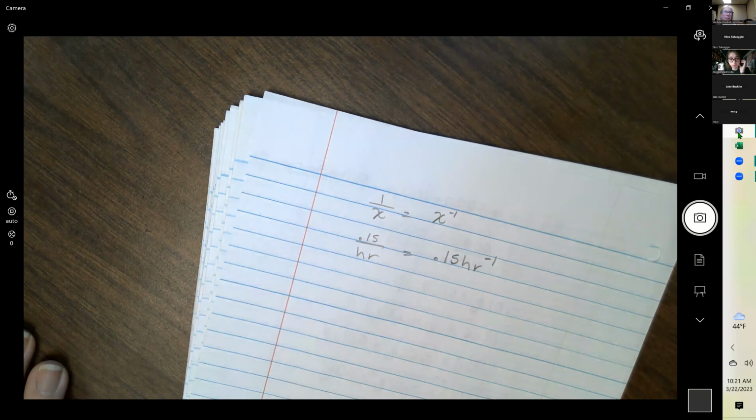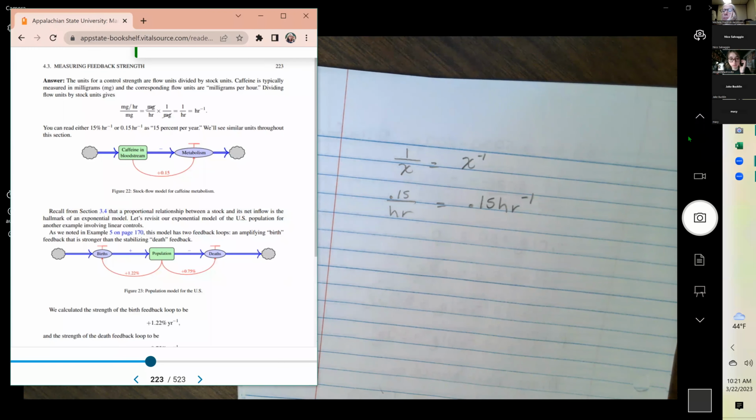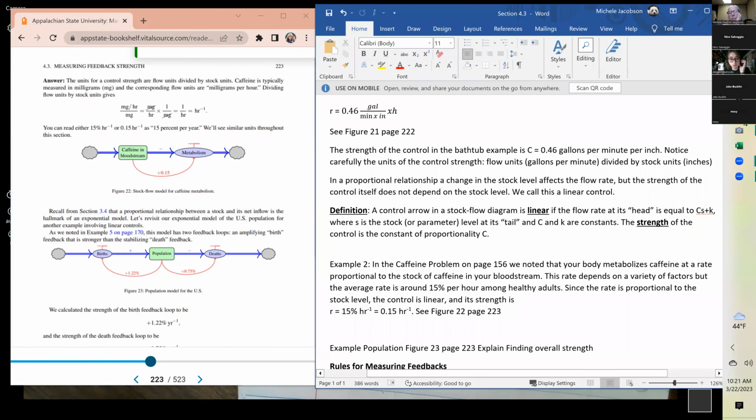That's all they're doing. That's why it's to the -1. But that's where this -1 came from. And then 15% divided by 100 to make it a decimal. So we said there's 15% per hour of caffeine, and that's why this is 0.15.